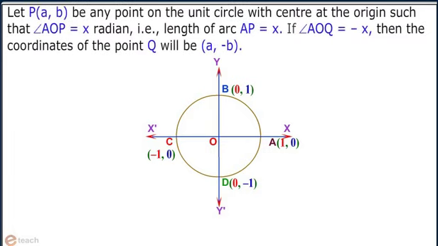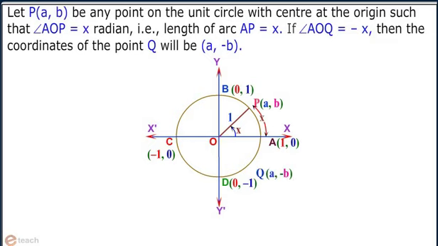Let P(a, b) be any point on the unit circle with center at the origin such that angle AOP equals x radian. That is, length of arc AP equals x.